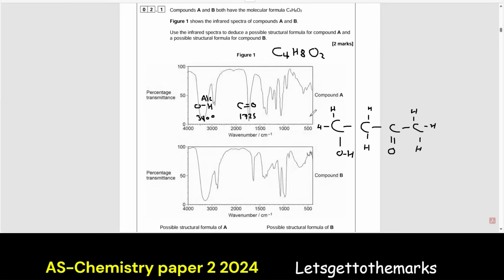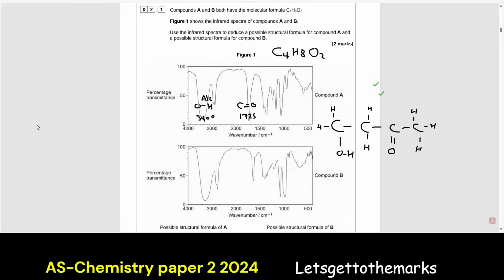Well, that works, doesn't it? So 1, 2, 3, 4, 5, 6, 7, 8. So I'm going to go with that. To me, either one of those is good. Doesn't matter, but that fits the formula. We've got 4 carbons, 8 hydrogens, 2 oxygens. Boom, 2 marks for both of them.